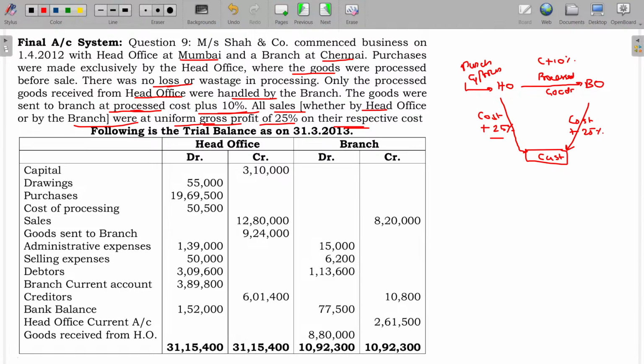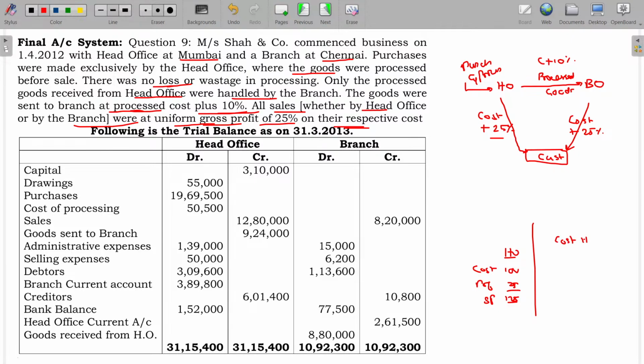If the cost for the HO is 100, they add profit of 25, and the sale price is 125. What happens if you are selling that through the branch office?